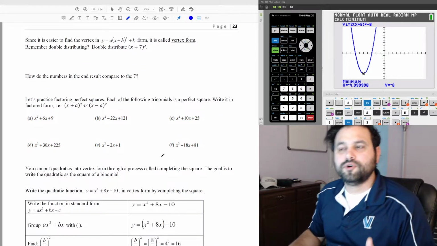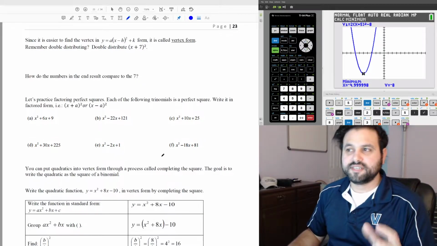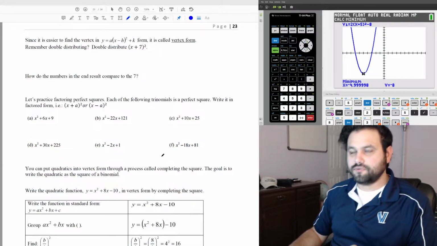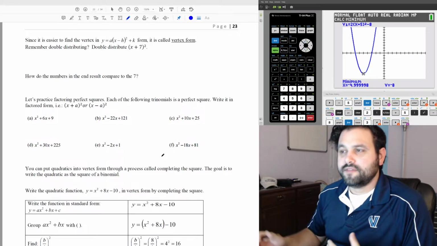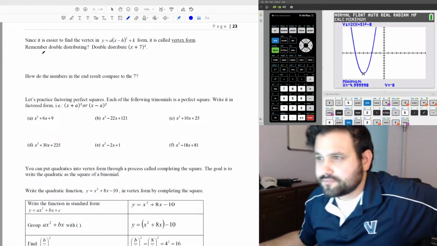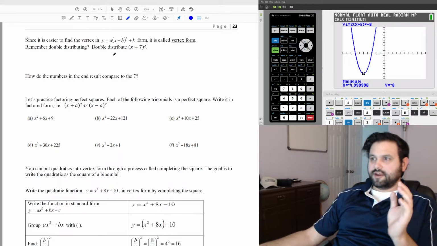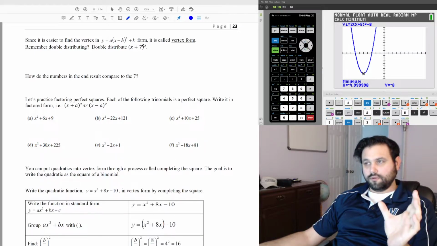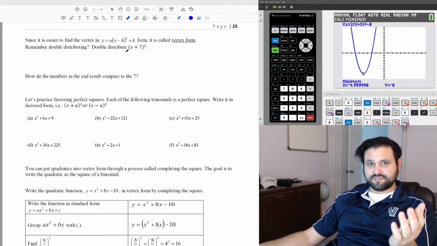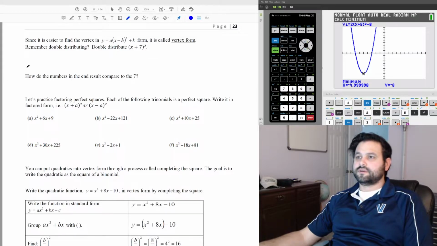How are we going to put these functions from standard form into vertex form? That we're going to be doing by completing the square. And this is what I mean by completing the square. So remember double distribute, right? If I were to take x plus 7 and square that whole thing, it means x plus 7 times x plus 7.